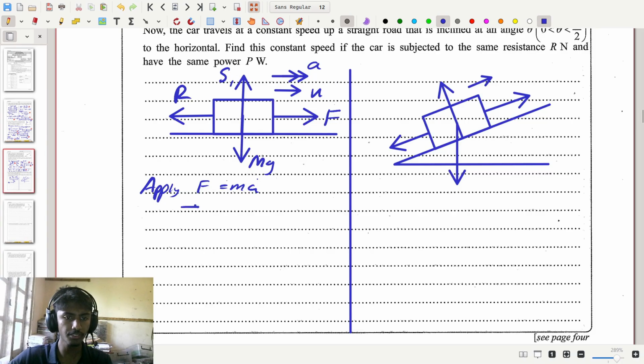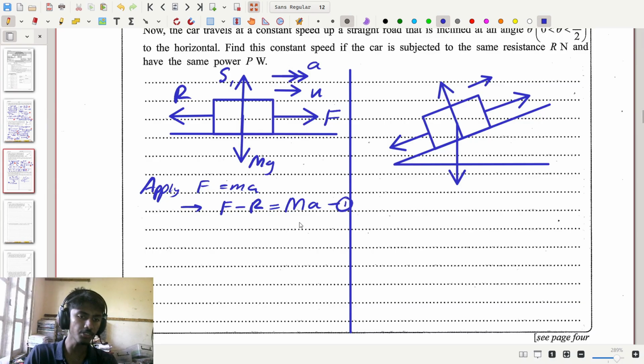So doing so, we can see in the rightward direction we have F newtons, in the leftward direction we have R newtons, so that's going to be F minus R in the rightward direction, and that's all of the forces here, which is going to be equal to m times a. In this case, the mass of the car is capital M and the acceleration is marked as a. So therefore, we get capital F minus capital R equals capital M times a. This is going to be equation number 1.